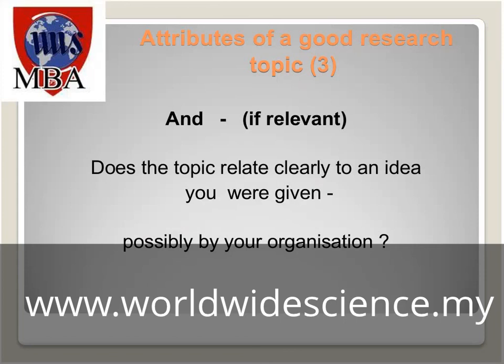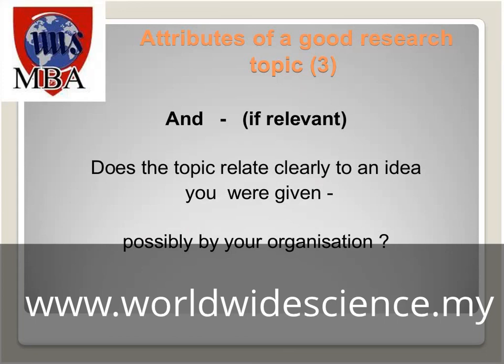And the other thing is, does the topic relate clearly to an idea you were given, okay, possibly by your organization? This again focuses on the fact that if you do the research, it should be possible by your organization or institute that you do the research for.